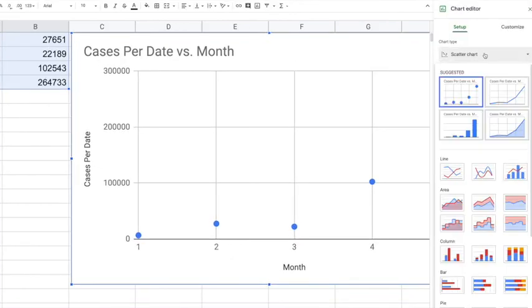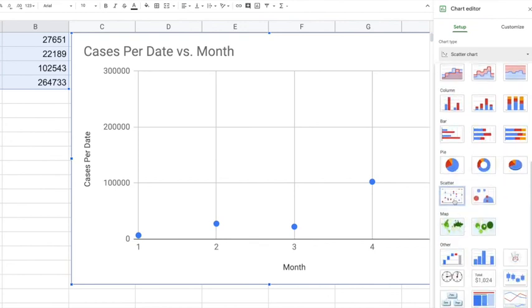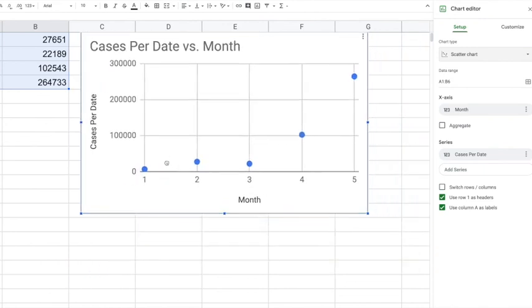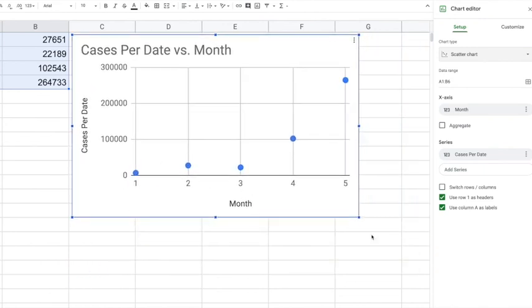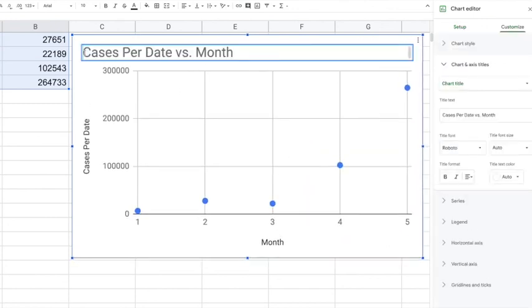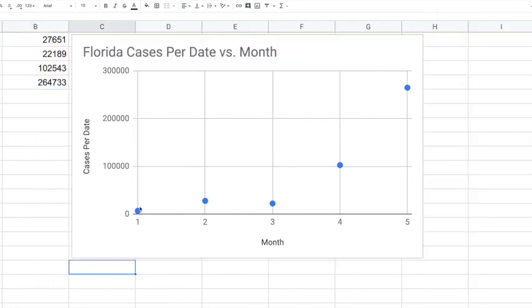And over here, we're going to choose Scatter Plot in case it's not chosen already. It is for me because I already created one. And I'm going to have to make it smaller to fit. There we go. Now these numbers are Florida's cases, and you'll see that they seem to be growing exponentially here.